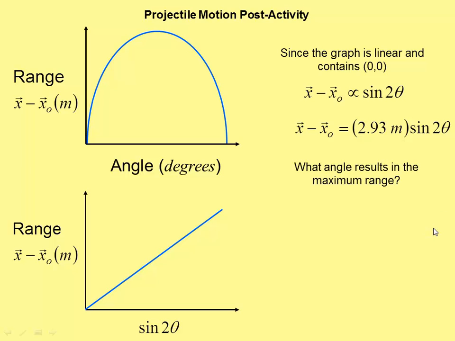Now, as you found in the lab, you did a whole bunch of different angles. Which one was it that resulted in the maximum range? In other words, what angle got us the top of our parabola? That was, of course, 45 degrees. If you think about it, 45 degrees might make sense, because it's kind of the halfway. It balances out the y component of the initial velocity with the horizontal component.